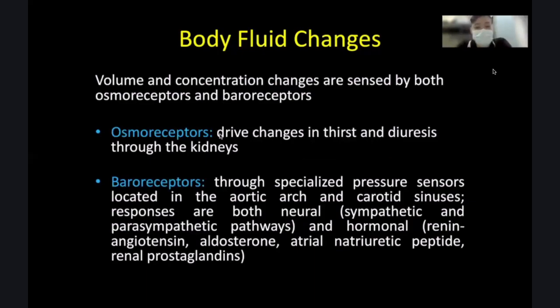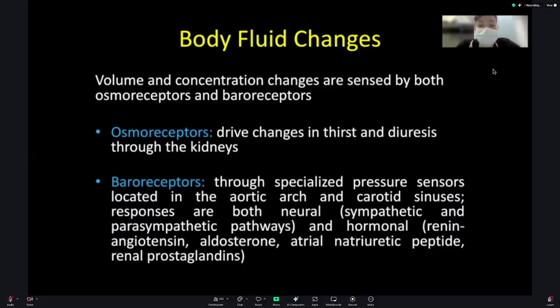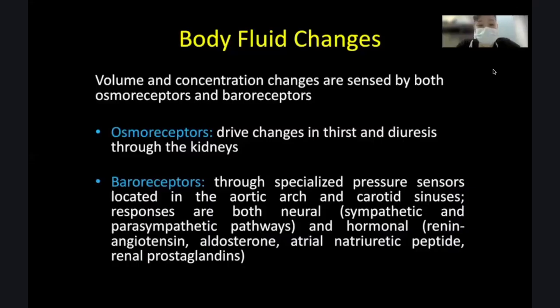So how does the body know when there are changes in fluid, mainly in the extracellular and intracellular? Actually, more of the extracellular fluid compartment, and most especially in the intravascular space.